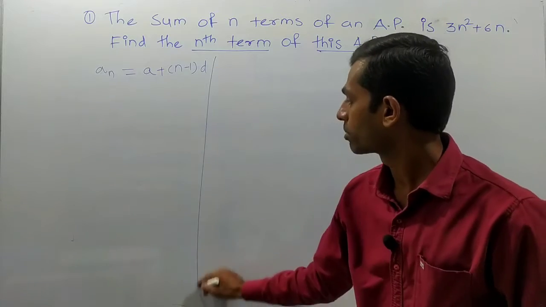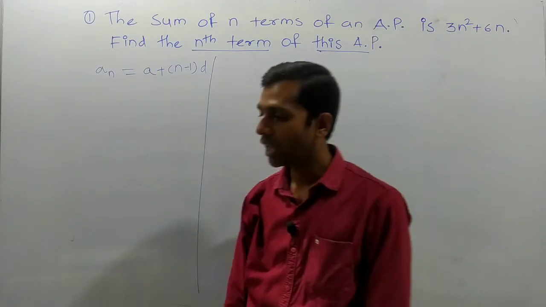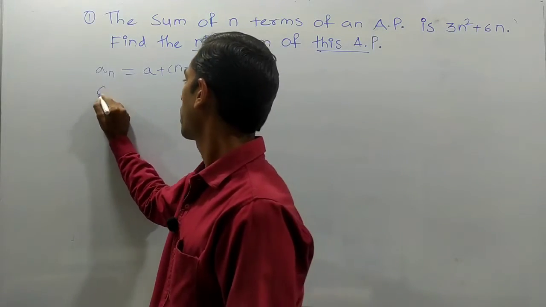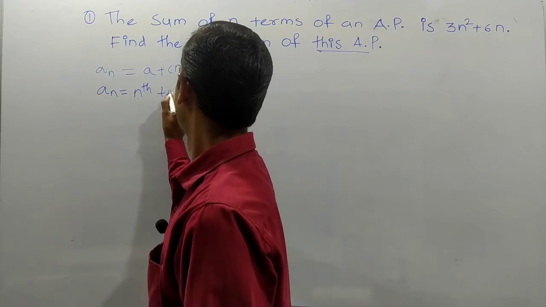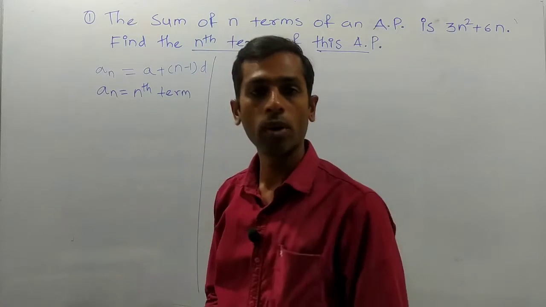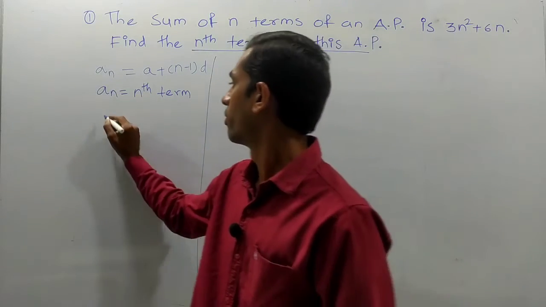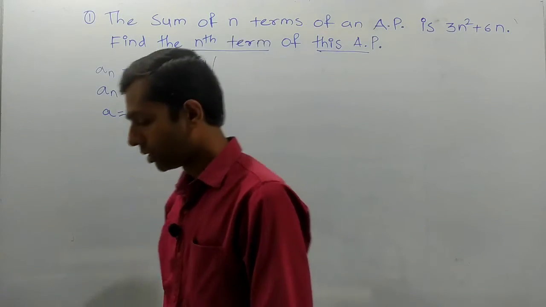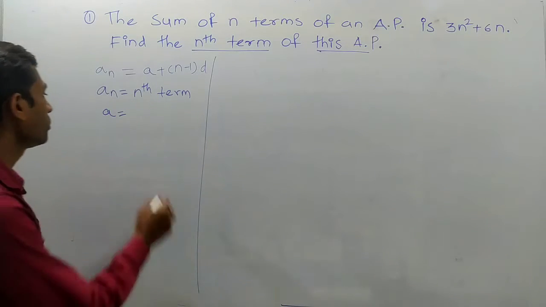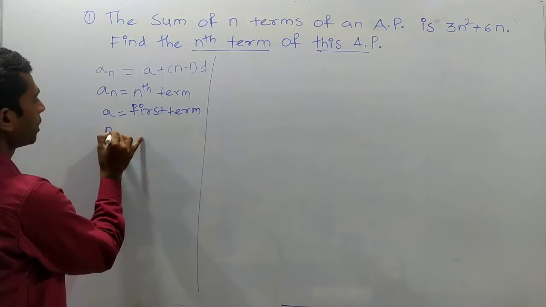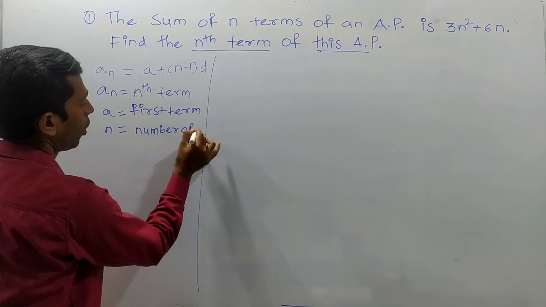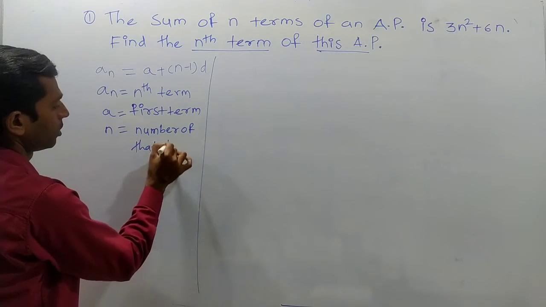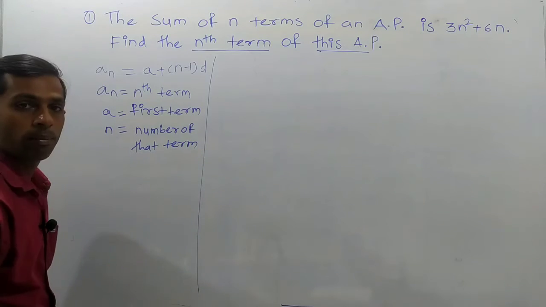Now let me explain what an means. Here an is the nth term. What is a? Here a is the first term. What is n? n is the number of that term.